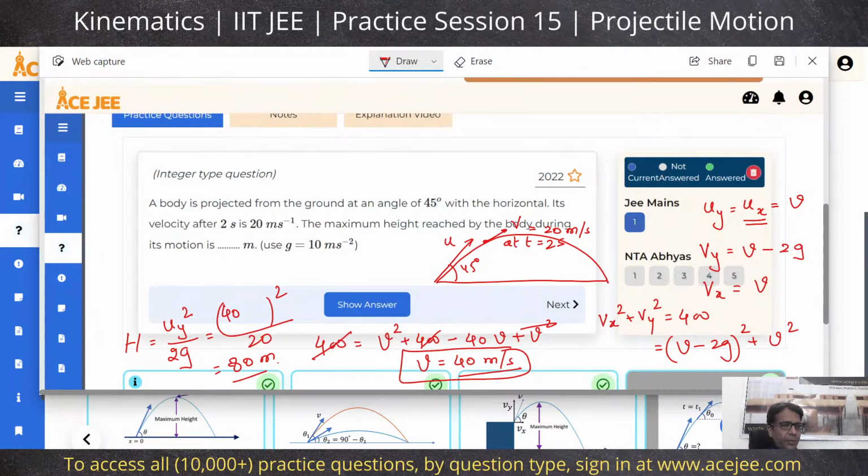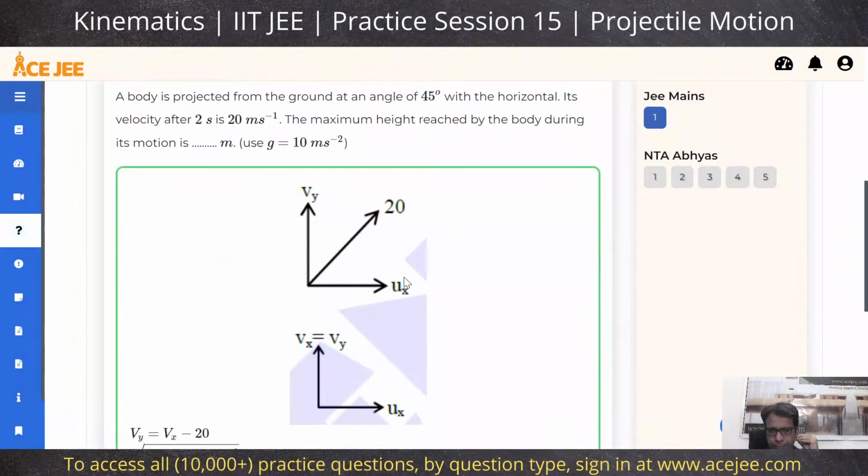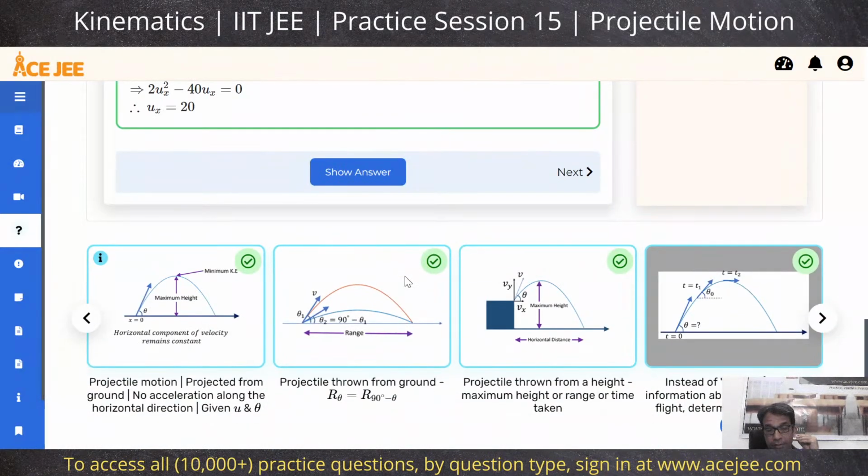Yes, sir, I got the same answer. You got the same 80 meters. So actually, I got 20 meters. I'll just see where I went wrong, or maybe I have made some mistake. Let's check the answer, okay? Oh, you're right.